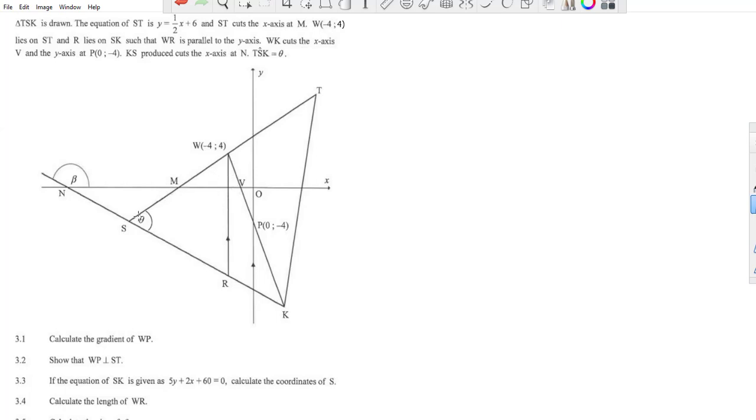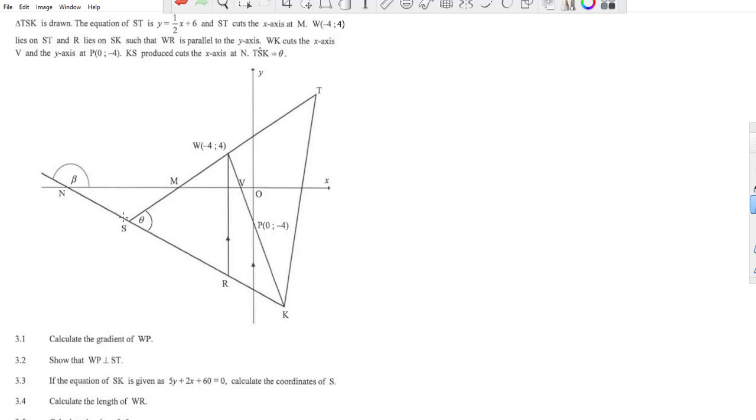Now, if you look at this line, it's called ST, which is given as y equals 1 over 2 x plus 6. And then we have a given point here, W, where x is minus 4 and y equals 4.